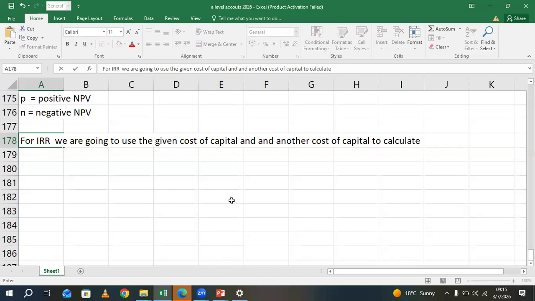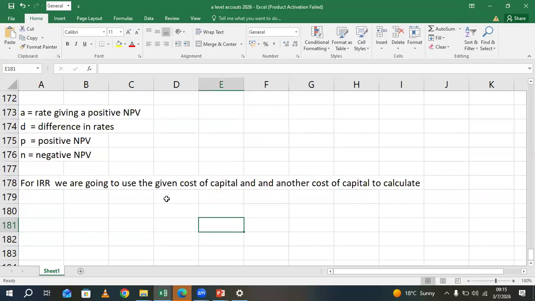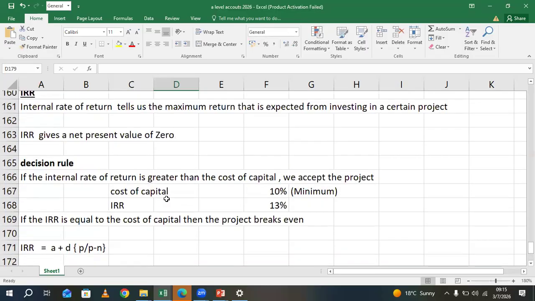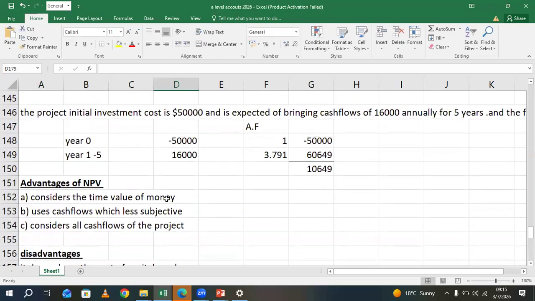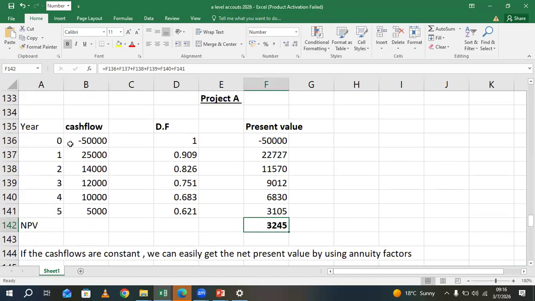So we are given just one cost of capital, which is 10%. At 10%, for this project, we've already calculated our net present value. Remember what we did last lesson? We calculated the discounting factors at 10%, and it gave us a positive net present value of 3,245.